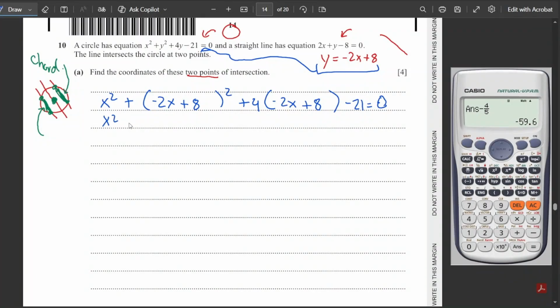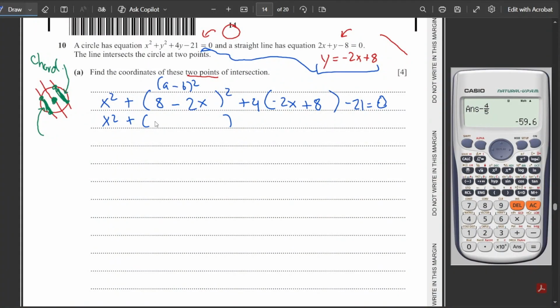So I have x squared plus, and then what's minus 2x plus 8 squared? If I rewrite this, this is 8 minus 2x. And so 8 minus 2x is basically the same as a minus b whole squared.